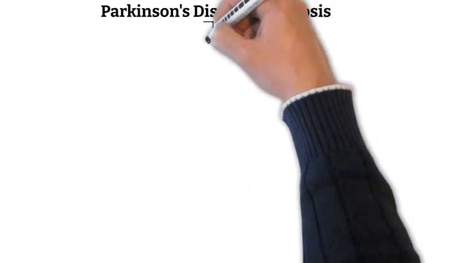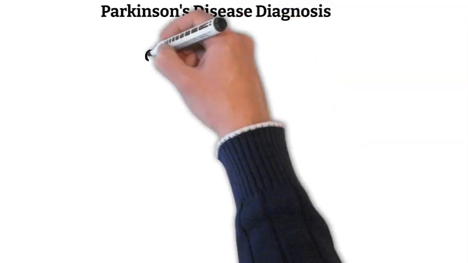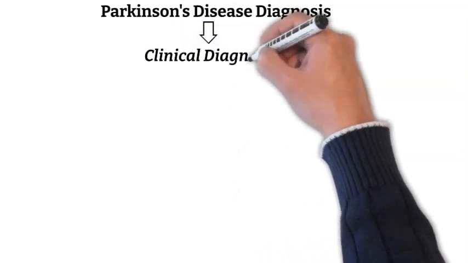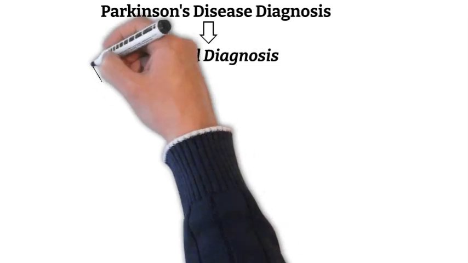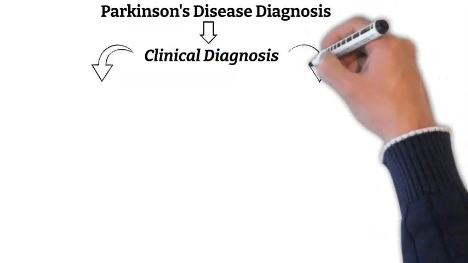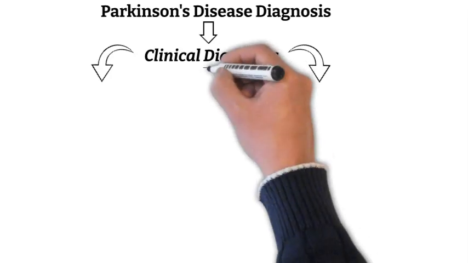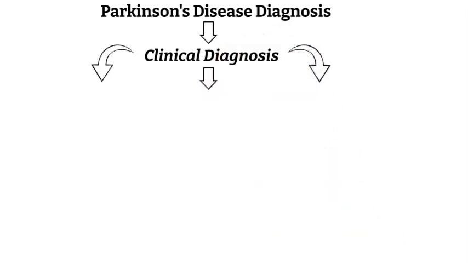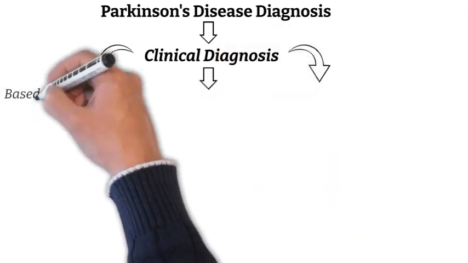Parkinson's disease diagnosis is clinical. So basically, it is a clinical diagnosis, but let me divide it into three parts so that it becomes a little bit easier and clearer for you to understand.